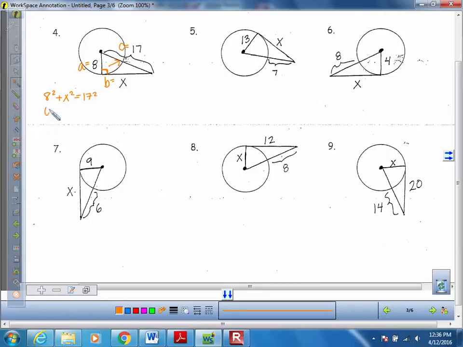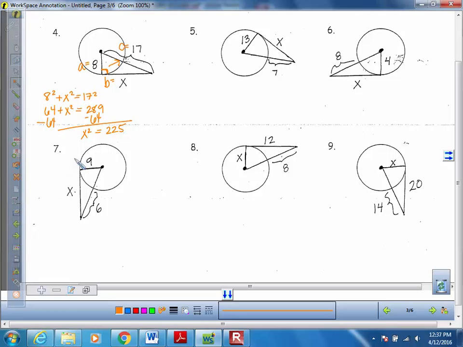8 squared is 64. And 17 squared is, what is it? 289. Thank you. Okay, so then from there, we isolate x squared, so we subtract 64. And that gives me that x squared equals 225.